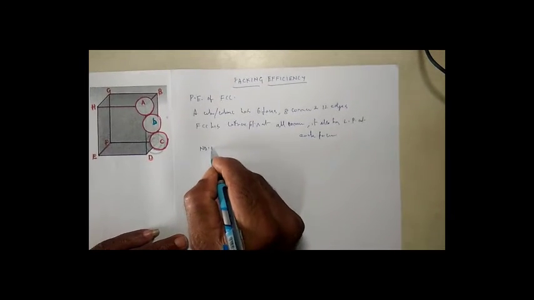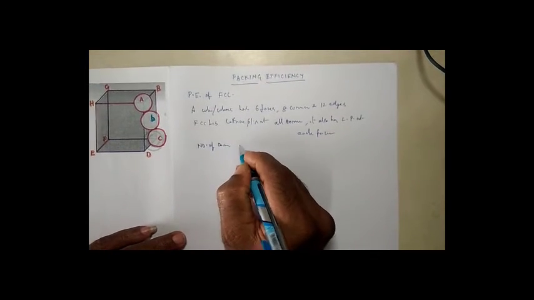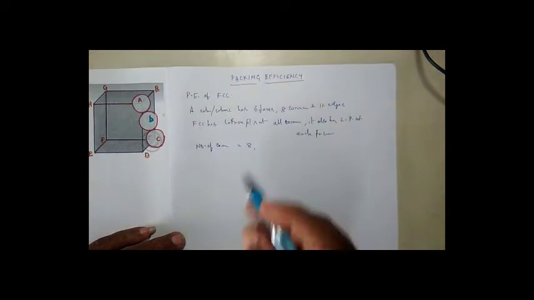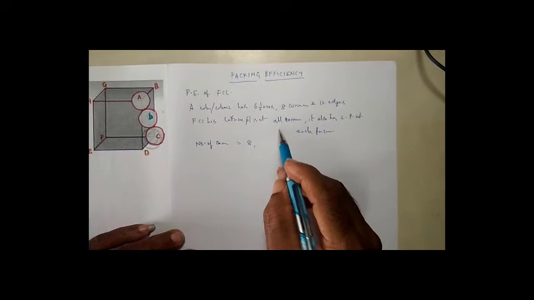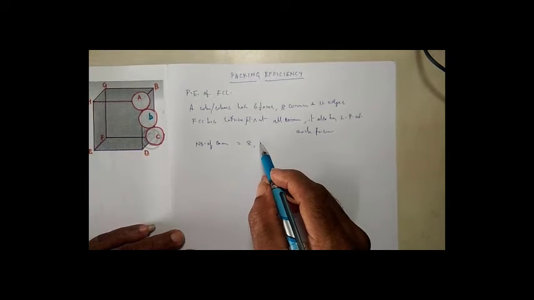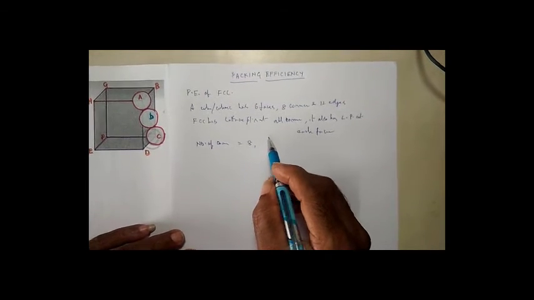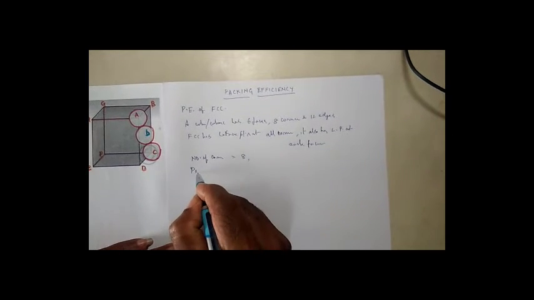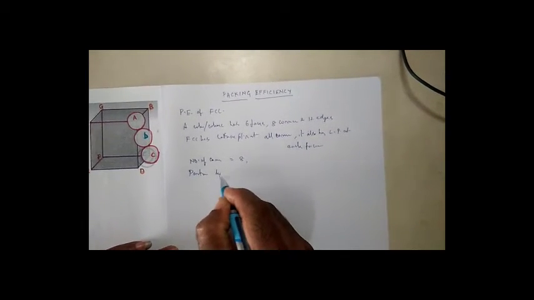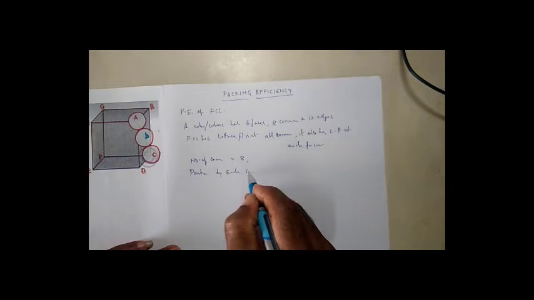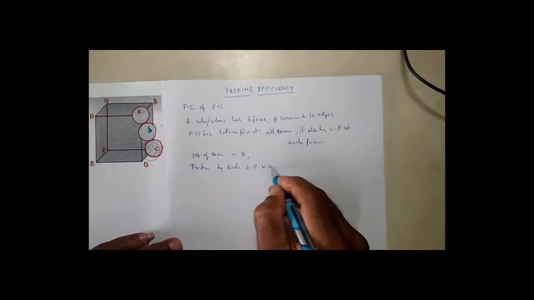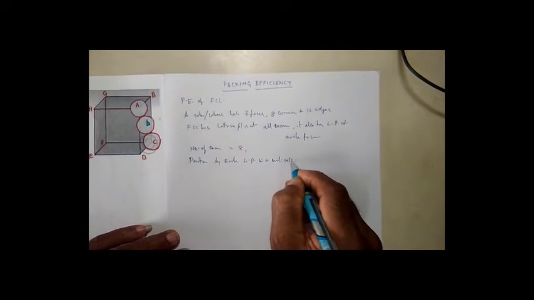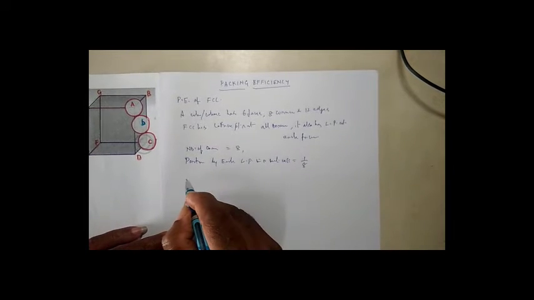Now, number of corners equal to 8. We already discussed that the lattice point at each corner is shared by 8 unit cells. Therefore, the portion contributed by each lattice point in a unit cell is equal to 1 by 8.